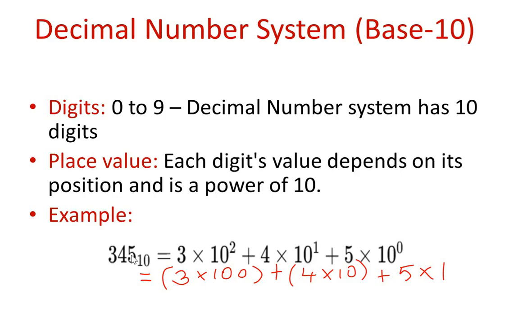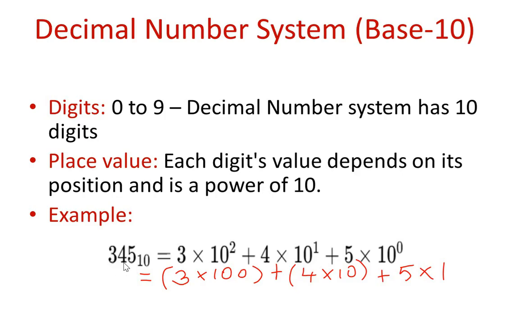Now considering each digit's value, here the digit 5, its value depends on its position, where it is placed. 5 is placed at the ones position and it should be a power of 10. So, we should represent the ones position as 10 to the power 0, which is 1. Next, consider this digit 4.